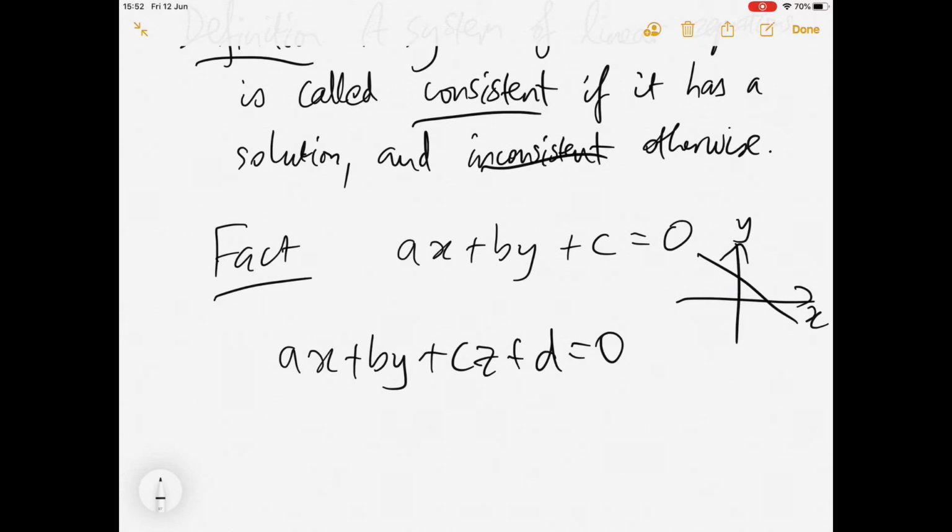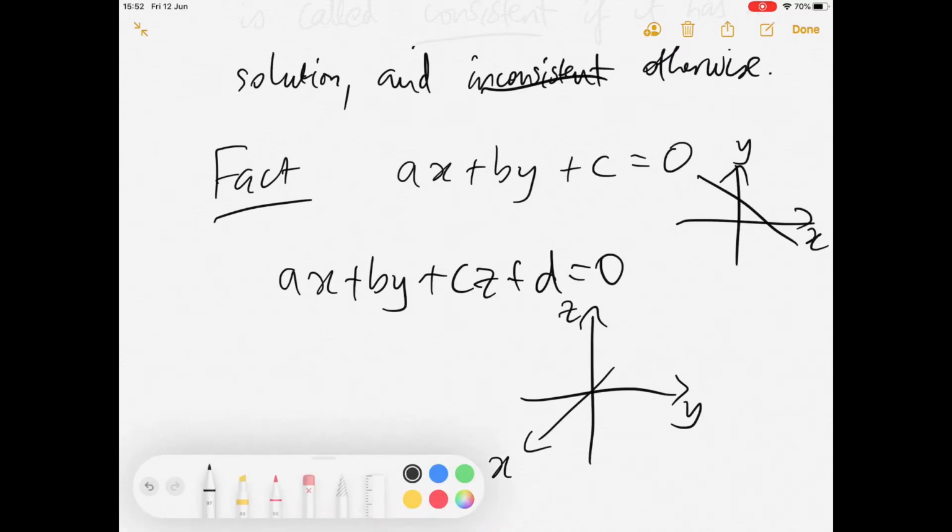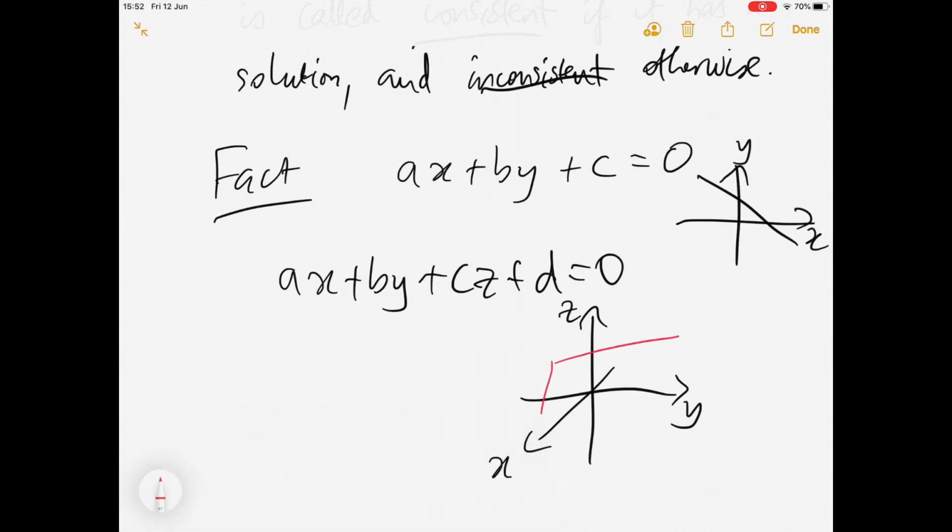Well, I can tell you it's not a line. This is in fact a plane. So if you have 3 axes like this, then the equation ax plus by plus cz describes a plane. A plane is an infinite two-dimensional space.